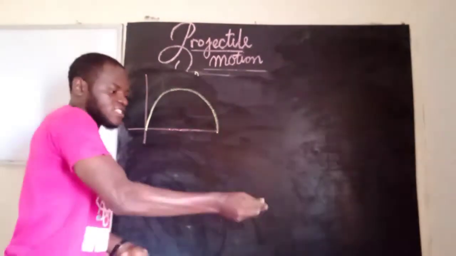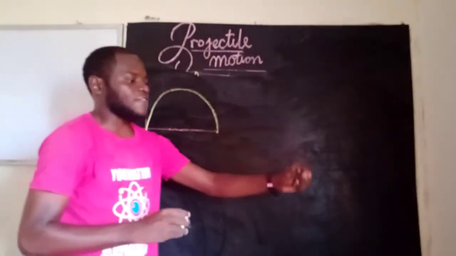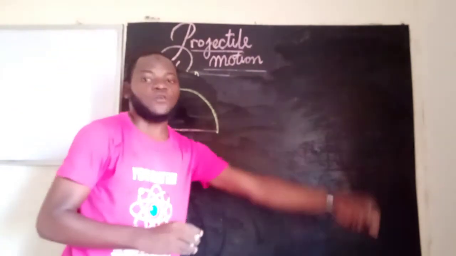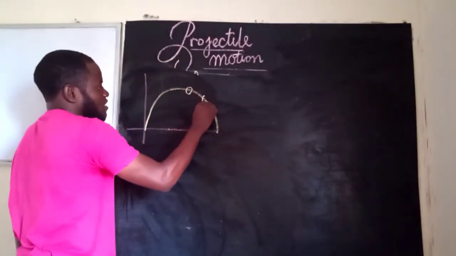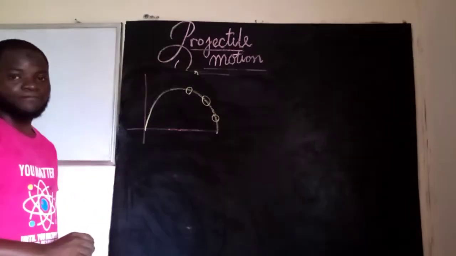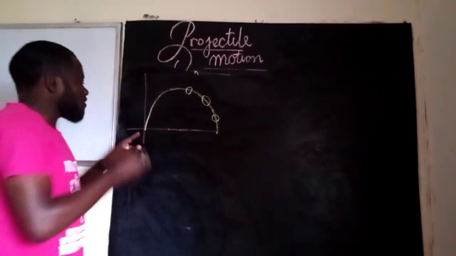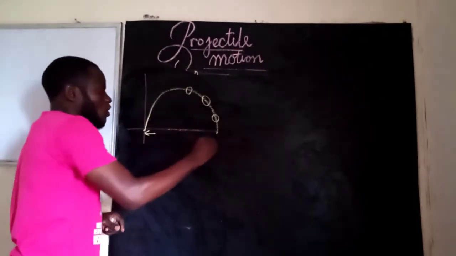Remember, if I throw this chalk horizontally like this now, the body will start falling gradually before it falls down to the ground. So the same thing happens here. This body falls gradually back to the point of projection, but not to that exact point. So it covers a distance horizontally.